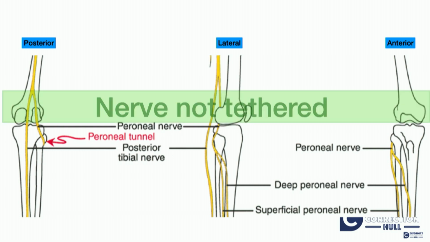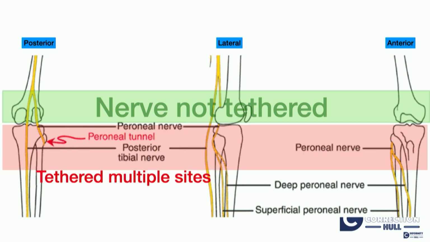what is important to realize is that the peroneal nerve component, which in the lower third starts to separate, is not as tethered. It is much more mobile. So you have more leeway, more room to manipulate the femur and not worry about the peroneal nerve or posterior nerve, except when you're correcting flexion deformities. Now, if you move down the path of the peroneal nerve, that's where the problem is.